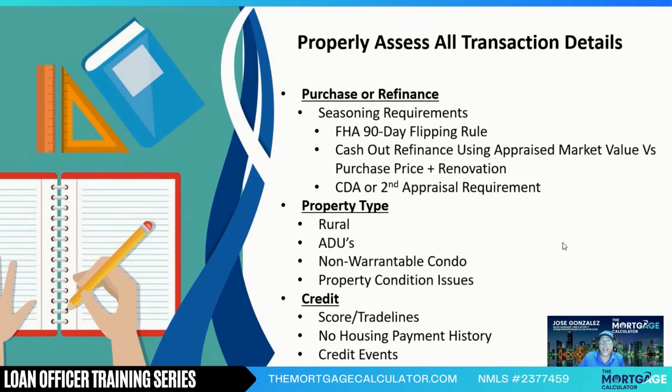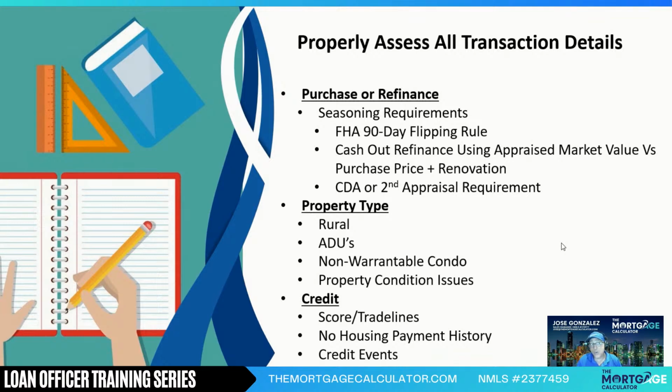Does the property have ADUs, accessory dwelling units, right? We got DSCR programs that allow one ADU, but not two ADUs, and certainly not three ADUs. We just had one like that the other day, right? Single family home with three ADUs.